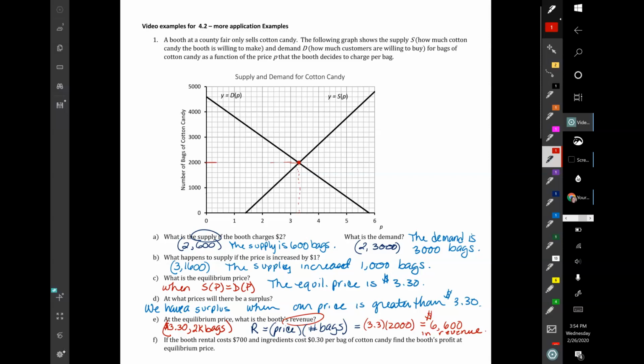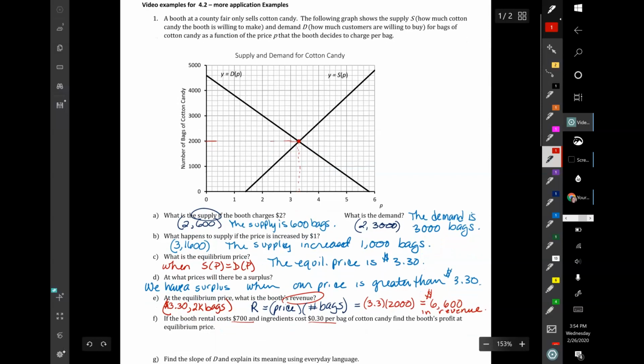So if the booth rental costs $700 and ingredients cost 30 cents per bag of cotton candy, find the booth's profit at equilibrium price. So we know we took in, so that's why I wanted to clarify that too. The 6,600 is what we took in. That's our revenue, but we have to subtract our costs off.